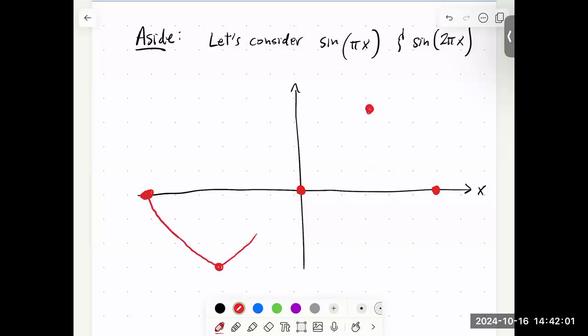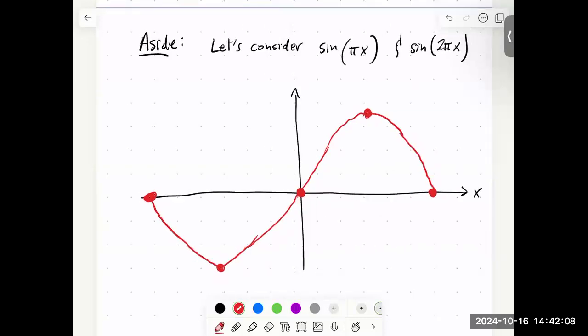So I'm going to draw the sine function here, and it looks something like this. Should be a little more rounded over here, I suppose. Okay, and so this is sine of pi x, and we can label on this plot: this is +1/2, this is 1, this is 0, this is -1/2, and this is -1.